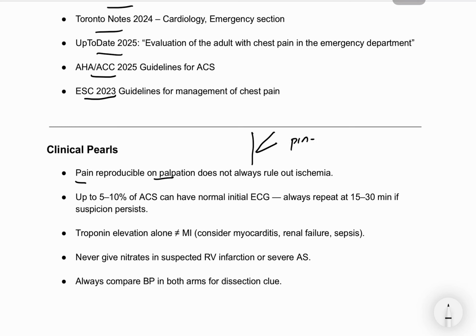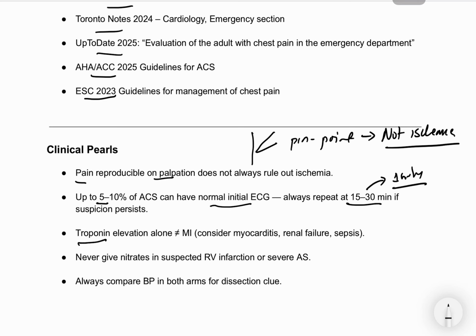Okay, if you can pinpoint chest pain, that is not ischemic. Up to 5 to 10% of ACS have a normal initial ECG. Okay, always repeat ECG within 10 to 15 to 30 minutes, and if needed, you can repeat every hour after that.